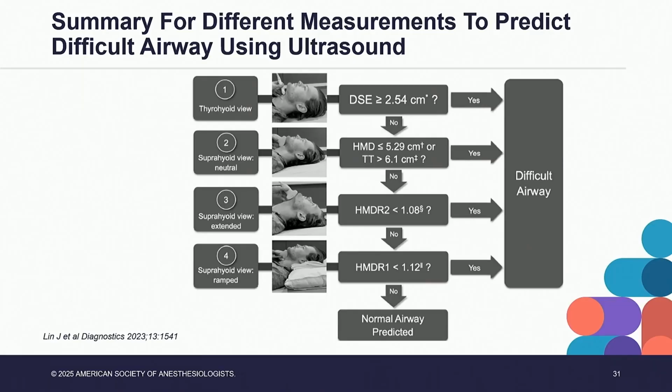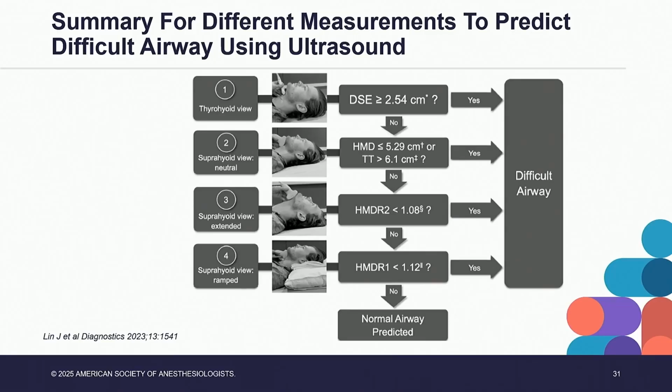If you go for the suprahyoid view to measure the hypomental distance in the neutral position, if the distance between the mentum and the hyoid bone is less than 5.2 centimeter, yes, it can predict difficult intubation. If you have a tongue thickness more than 6.1, yes, it can.